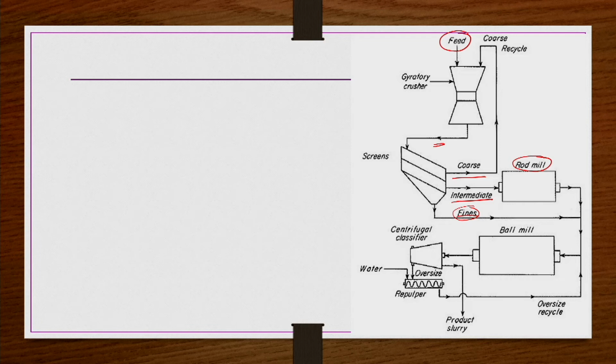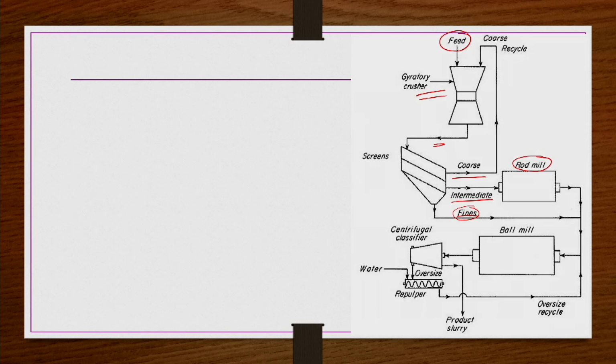It is just a typical arrangement to show crusher category equipment and then grinder category equipment, in addition to a separation by centrifugal forces. It is a general representation, but how it looks depends on the requirement of your product, on the feed, and on the equipment that you have and its capacity.